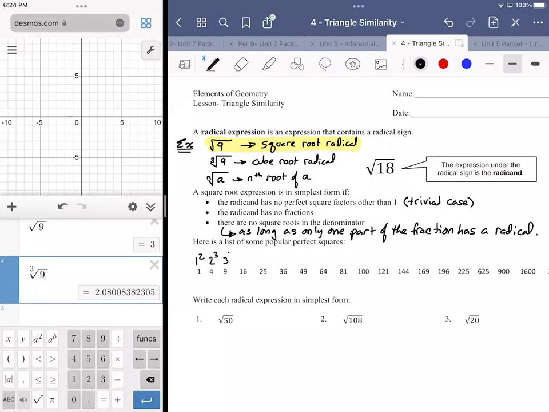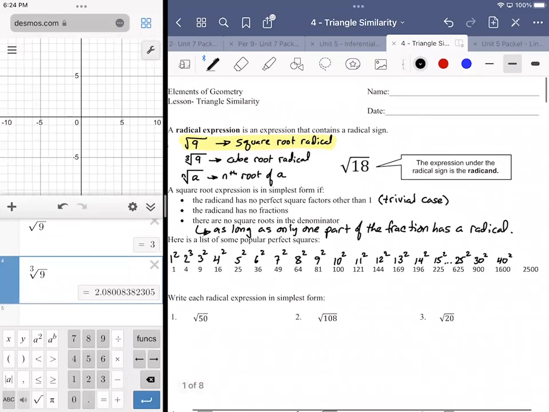The 9 is 3 squared. 4 squared, 5 squared, 6 squared, all the way down the line. I skipped a few. Once we get further down the line, I'll show you what those are. 10 squared, 11 squared, 12 squared, 13 squared, 14 squared, 15 squared. But then I jumped to 25 squared, 30 squared, and 40 squared. Oh, and 50 squared.